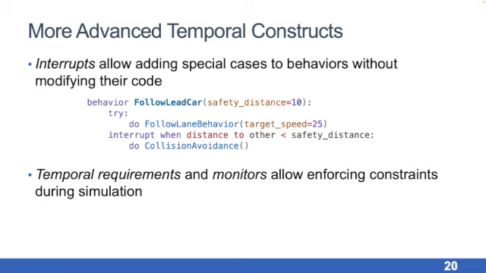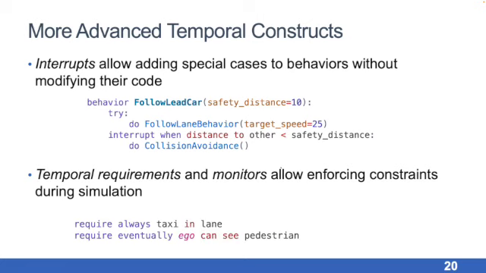You can do a similar thing for dynamic simulations. So for example, we could say, I only want simulations where this taxi stays in the same lane for the entire simulation. Or I want at least one time during the simulation where the ego can see the pedestrian, something like that. And Scenic will monitor to see if these requirements are satisfied, and if not, it will reject the simulation and try to find a new one.